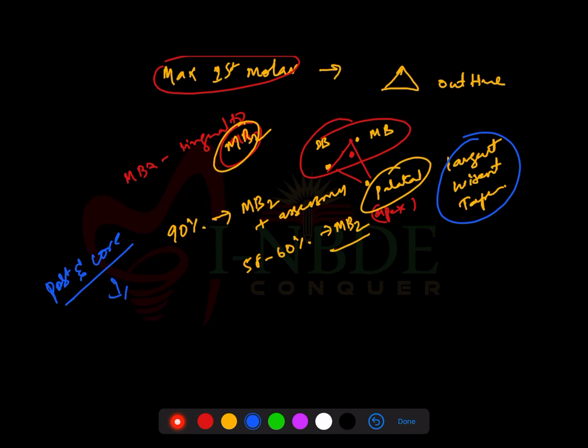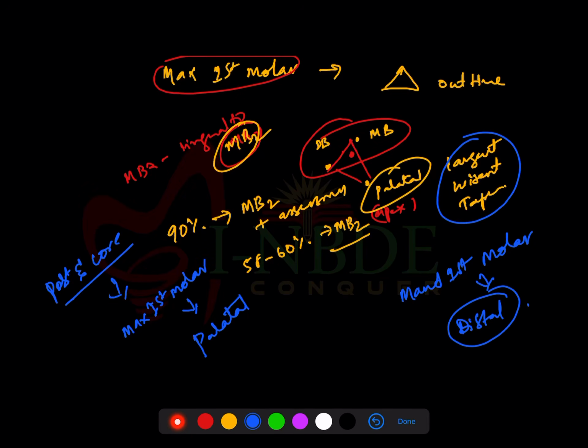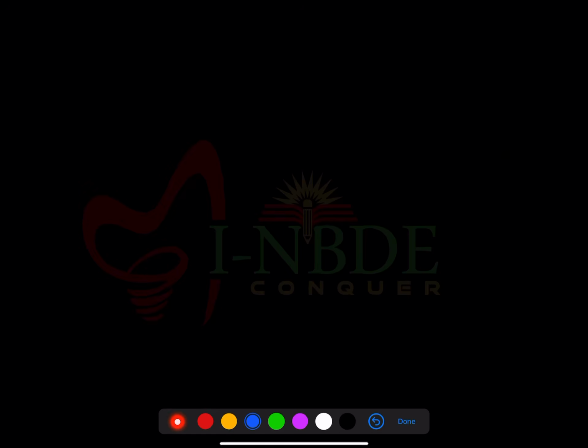For a particular tooth, the post should always be placed in the largest canal. So for a maxillary first molar, the post should be placed in the palatal. For the mandibular first molar, the post should be placed in the distal.